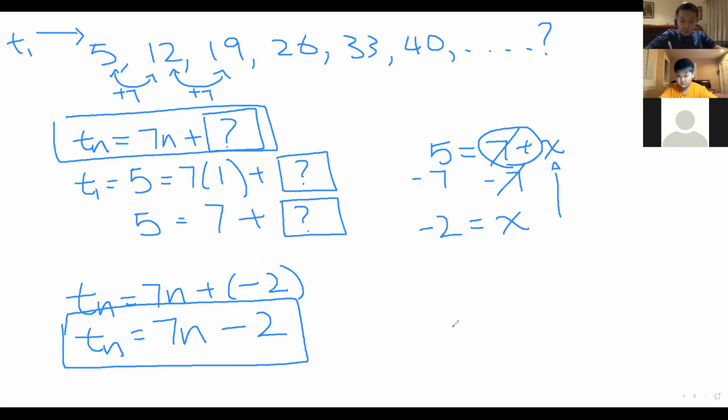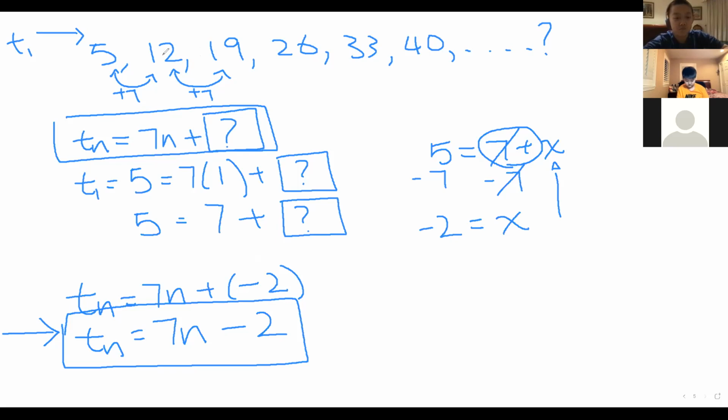And the reason why I said that you're always going to be given the first 3 or 4 terms is because when you've come down to this step, we've done a lot of work so far. I need to confirm that this expression is correct. If I only have the first number, of course it's going to work, because I used the first number to find this out.